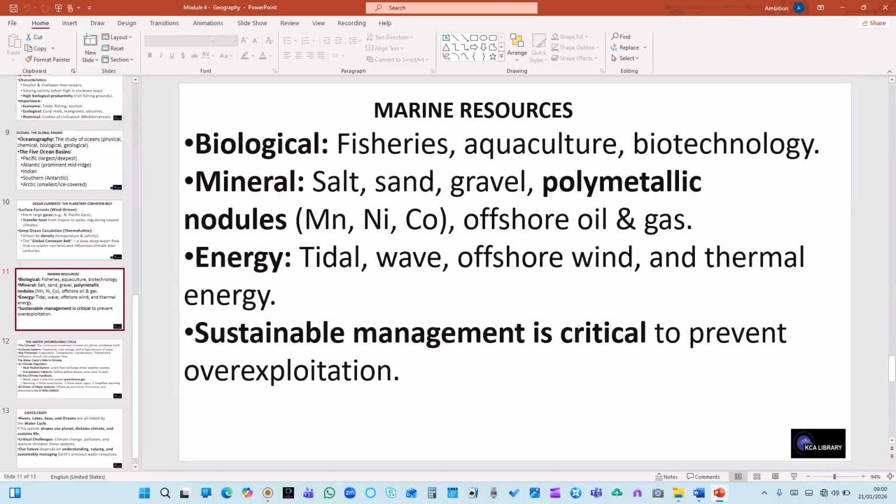Now we have mineral resources, marine minerals such as salt, sand, gravel, polymetallic nodules, and offshore oil and gas. They are extracted from water resources. We have energy resources such as tidal, wave, offshore wind, and thermal energy, which are also derived from marine resources. Now we have sustainable management. Sustainable management is critical to prevent overexploitation of these resources.